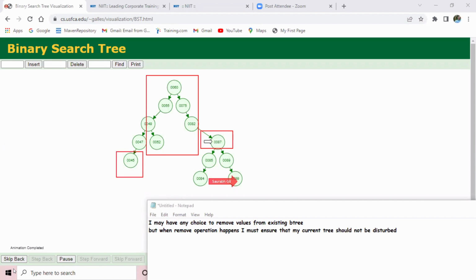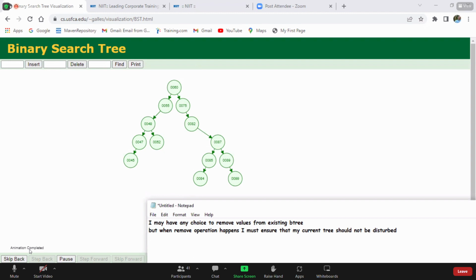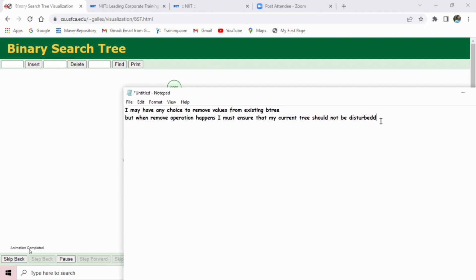So now I am removing all of my drawing, and we will go with the first level of observation. How does the delete operation work?